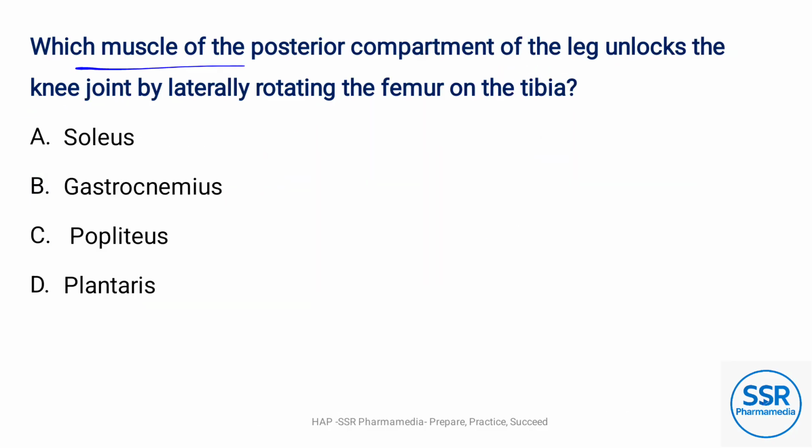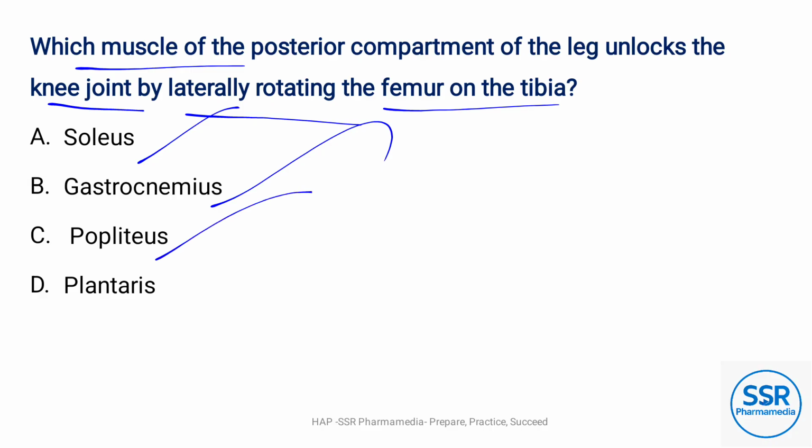Next, which muscle of the posterior compartment of the leg unlocks the knee joint by laterally rotating the femur on the tibia? Option A, soleus. Option B, gastrocnemius. Option C, popliteus. Option D, plantaris.